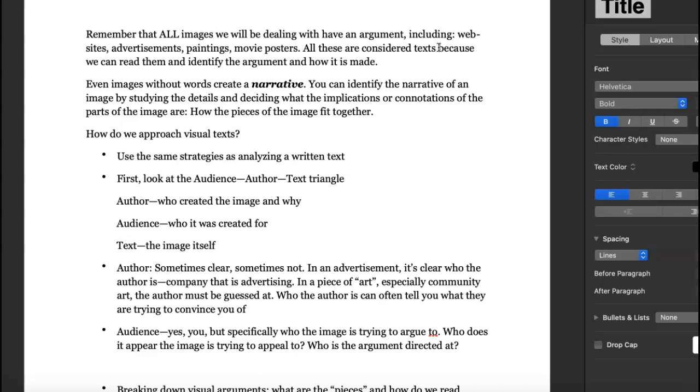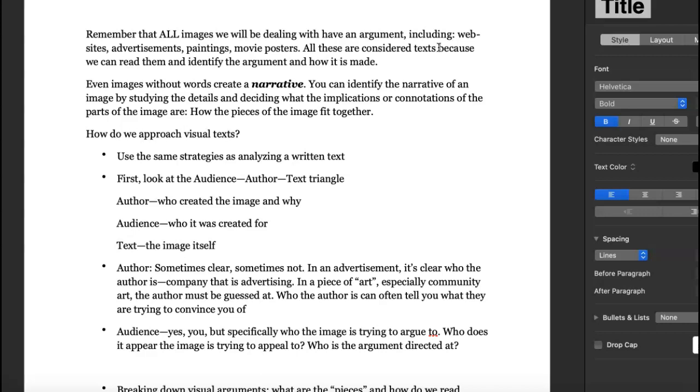Who it was created for? You might have a very good idea of who the audience is, a certain geographic area, a certain demographic, a certain age range. Or this might take some time for you to ponder and make some assumptions about. And then your text, which is the image itself, which isn't going away.